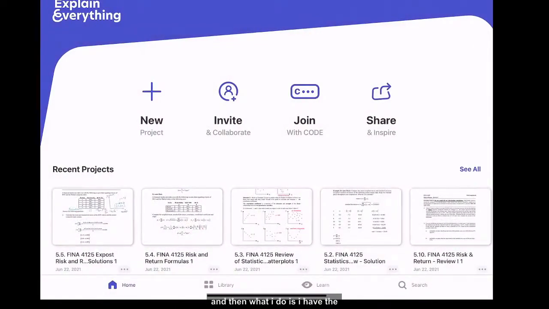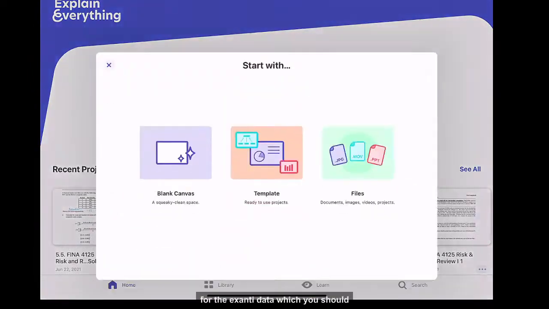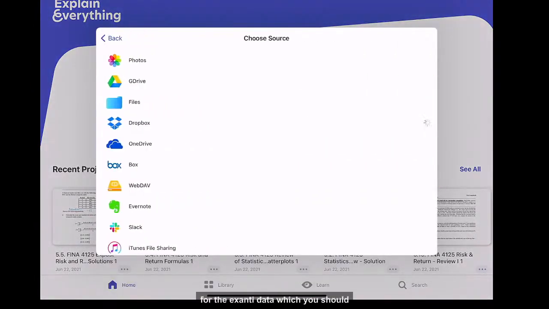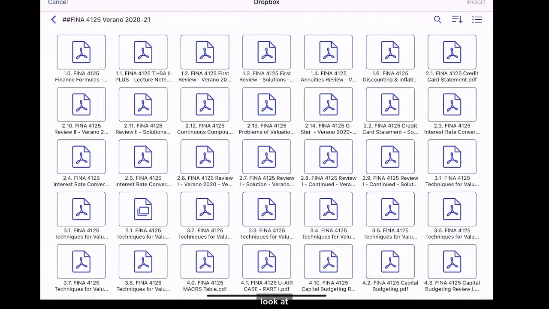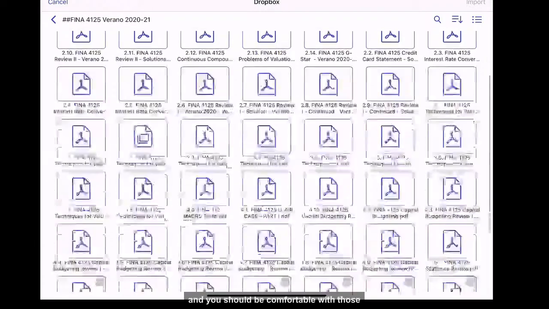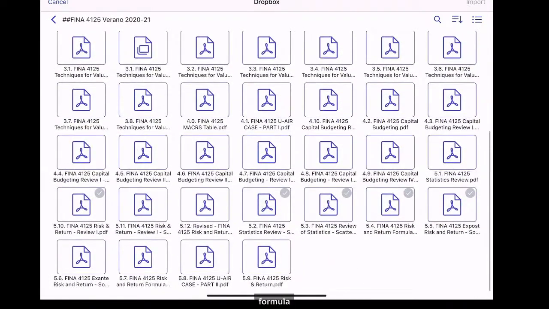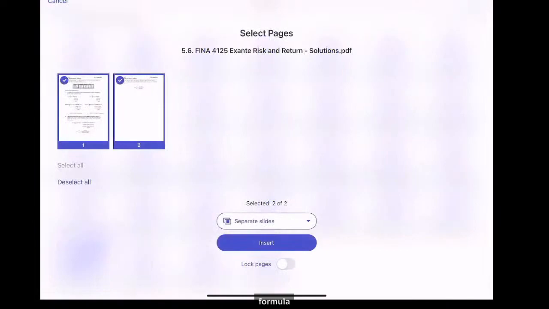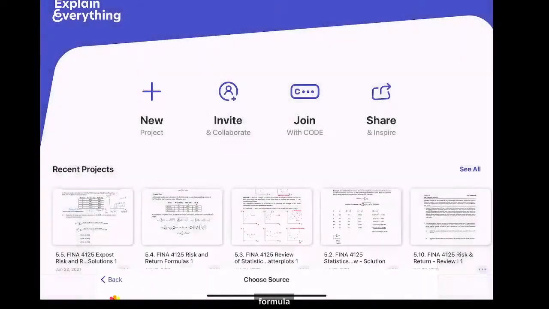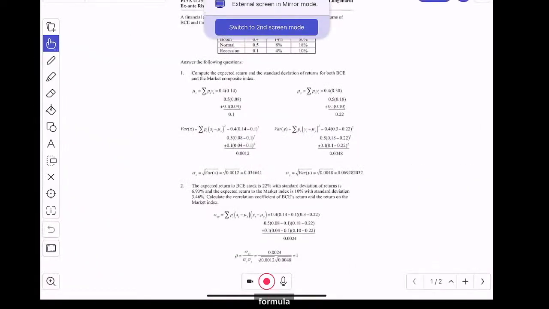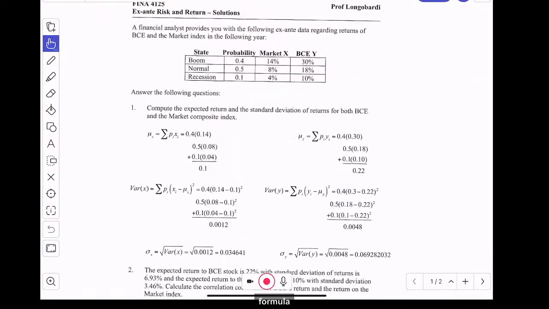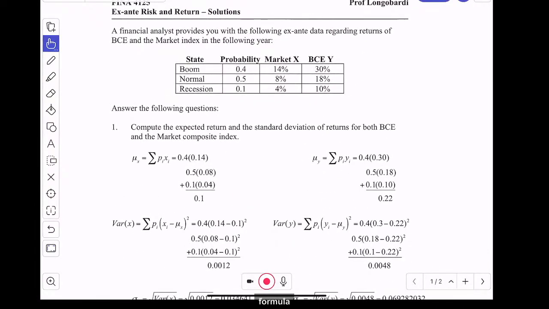And then I have the solutions for the ex-ante data, which you should look at. And you should be comfortable with those formulas, and solve all of these. So what I've done here is, you can do this manually.